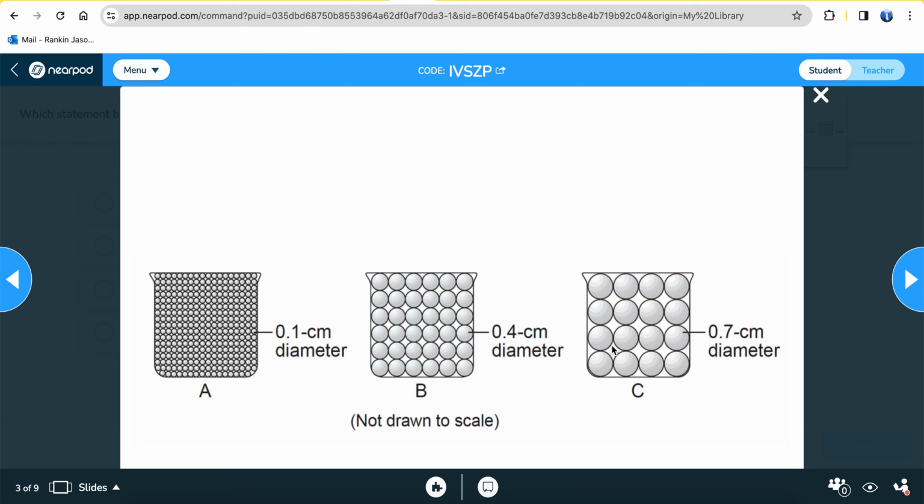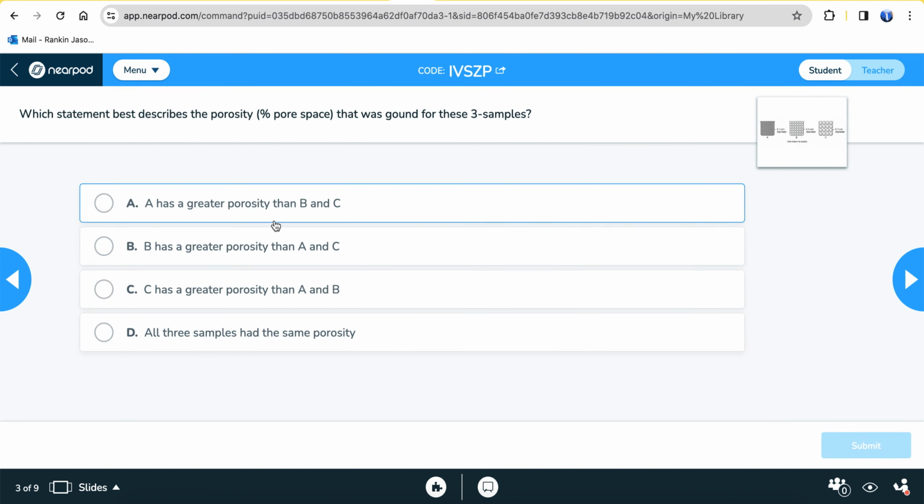That is your pore space for C. So you can pause the video, think about what the best answer is, and then unpause once you think you have the correct answer.